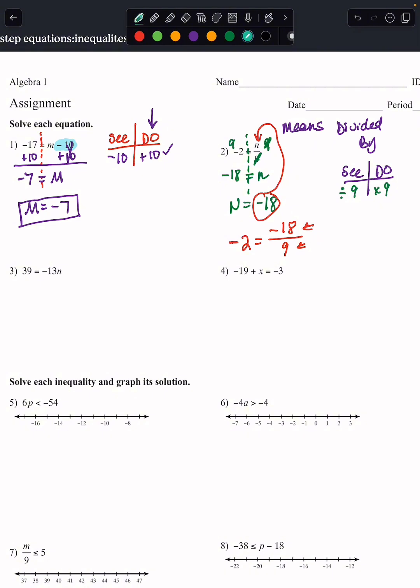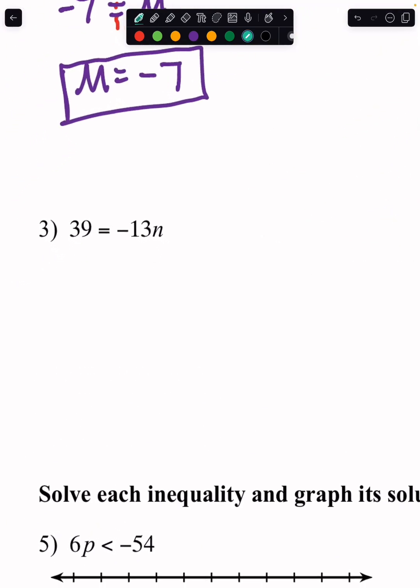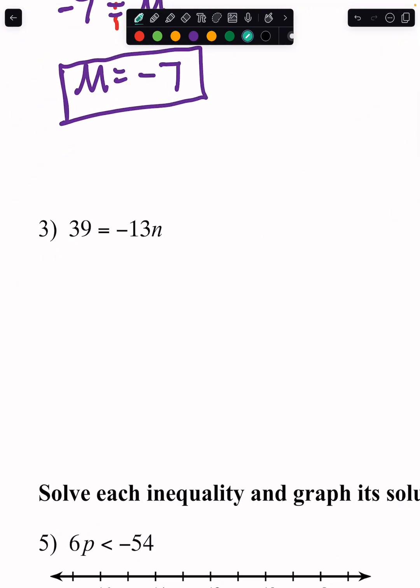So let's do this one. Now, when there's a number directly next to a variable, what could that possibly mean? It is multiplication. So what I see right here is a times, but it's negative 13. This negative right here does not mean minus.